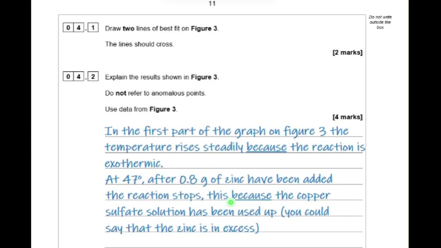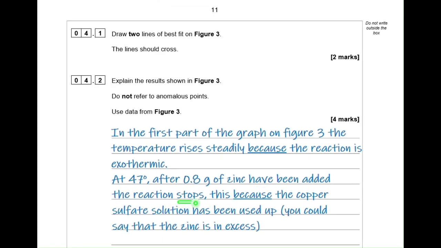In the first part of the graph on figure 3, the temperature rises steadily because the reaction's exothermic. Underlined because it's an explain question. At 47 degrees or after 0.8 grams of zinc have been added, the reaction stops. This is because, again, the copper sulfate solution has been used up, and you could also say that the zinc is in excess.